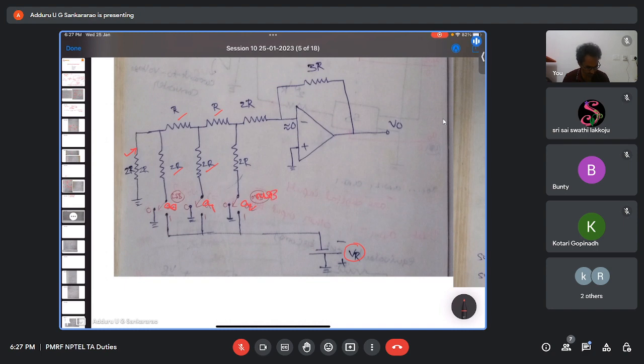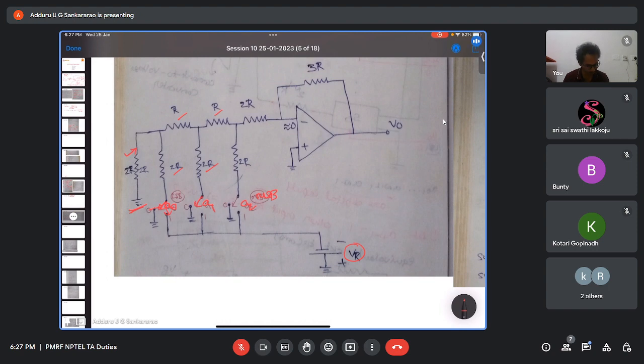Near to the source is the MSB, and away from it is the LSB. The last one should be grounded. Here you will have some switches based on whether it is 1 or 0. If it is 0, it is connected to ground. If it is 1, it is connected to this. Based on this, we will get the output.